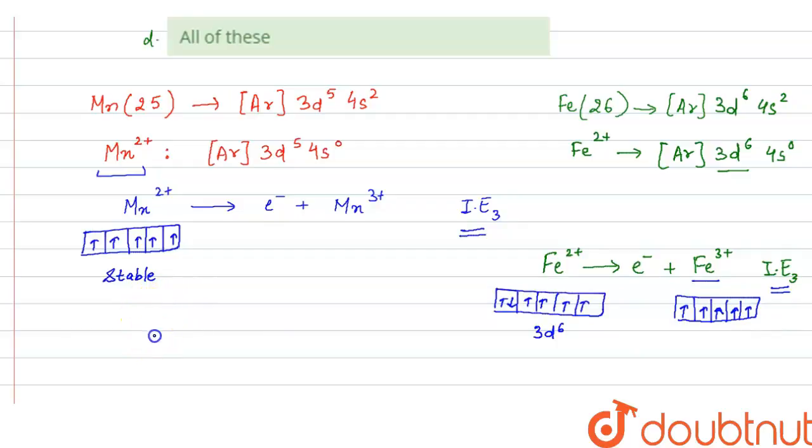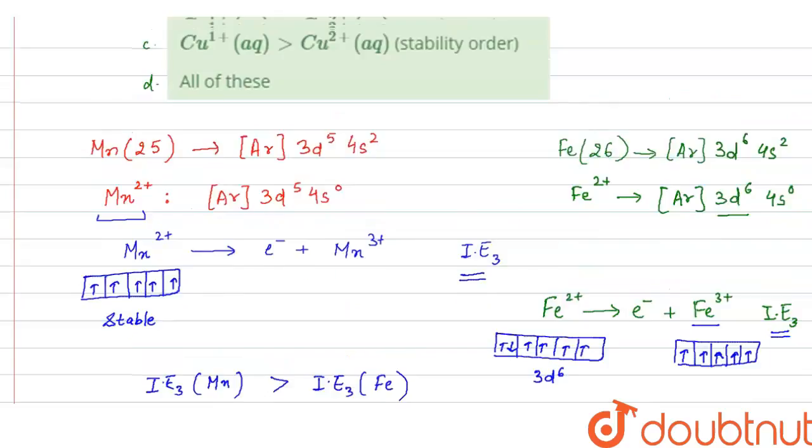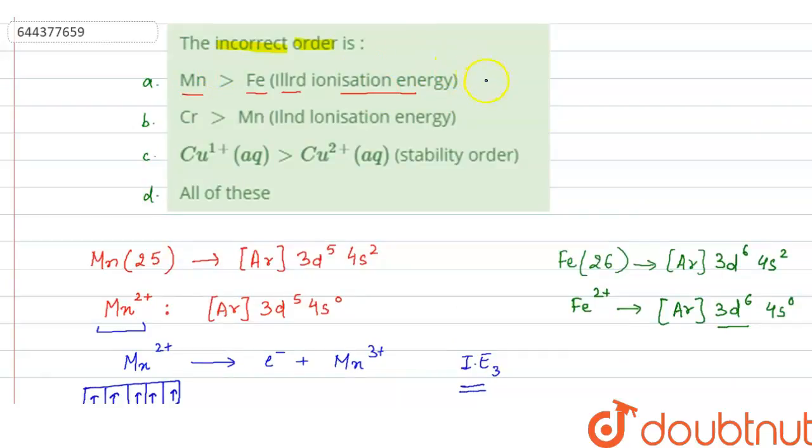It means the ionization energy 3 in the case of manganese will be greater than the ionization energy 3 in the case of Fe. So the given order is correct. This is true, so this is not incorrect. So this option will be wrong.